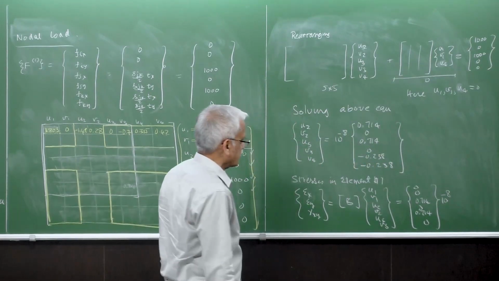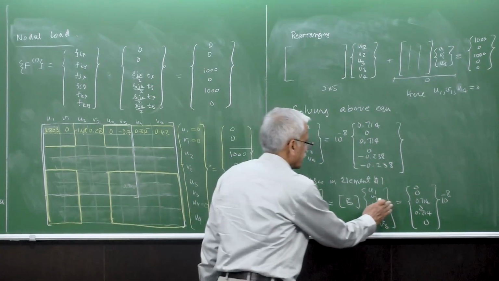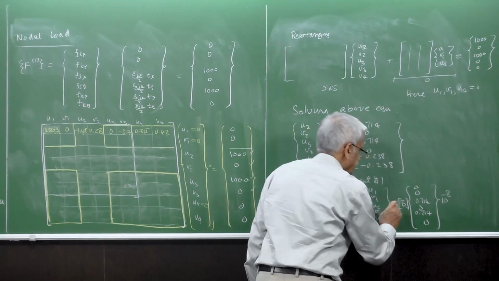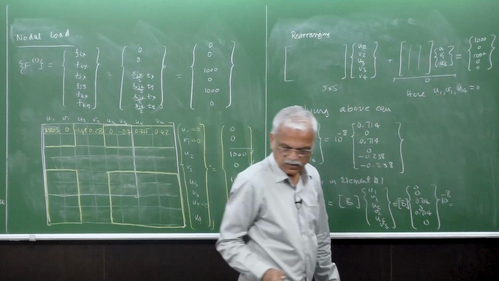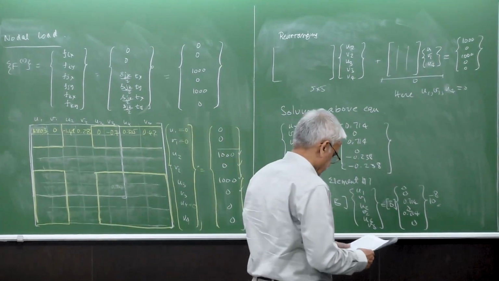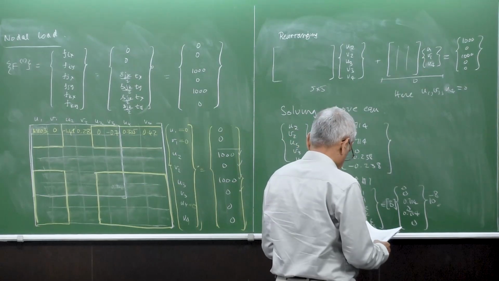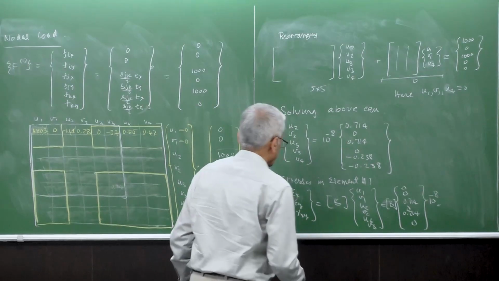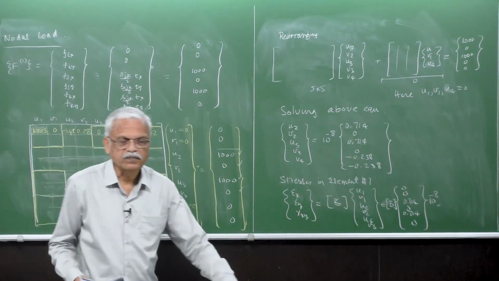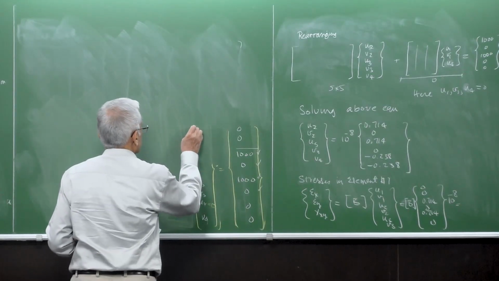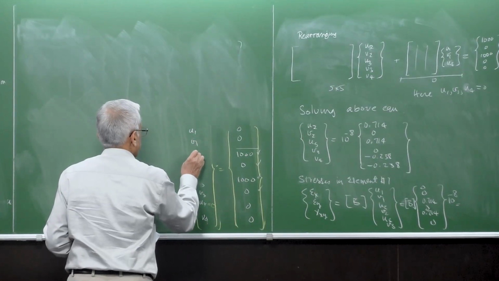Okay, so this is how you know B for the element, and then this is what you get. So here, when you get the strains, then after that you have to pre-multiply with D. Still there's a little bit of discussion here.